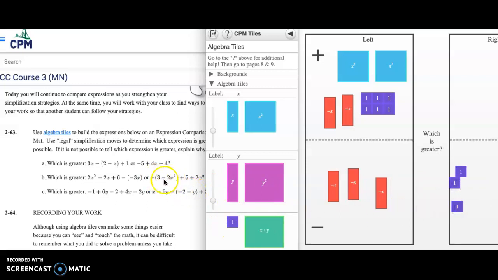And I see minus 2x squared, or negative 2x squares. So I'm going to put 2 negative x square tiles down there. And then I have plus 5. So now I'm done with the parentheses. I can go back up to the positive region, and I'm going to put 5 ones.